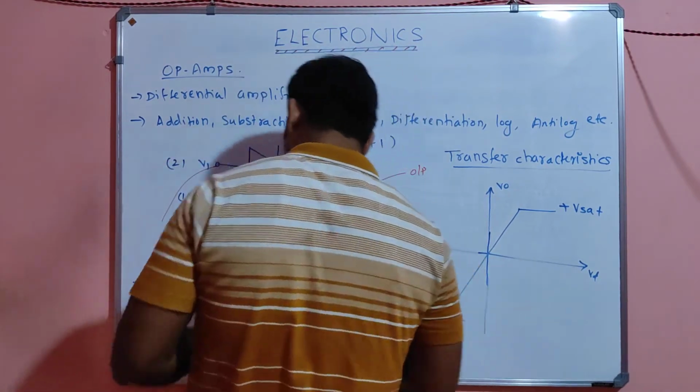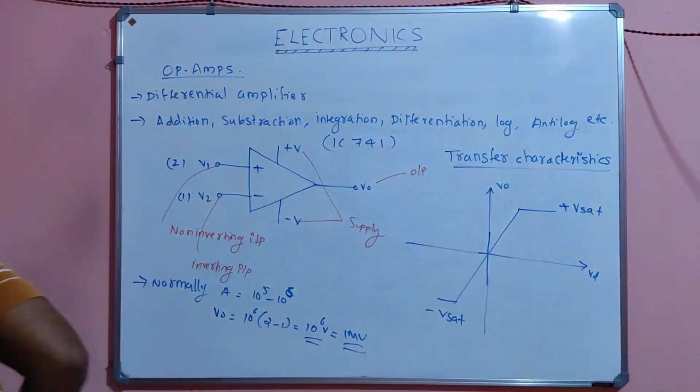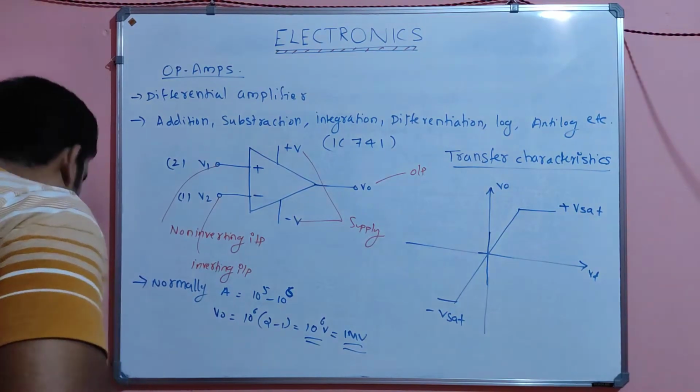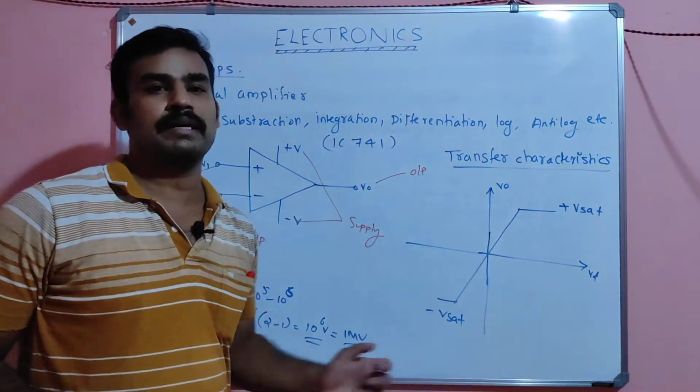What is actually happening here? I already told you that producing a very big output is practically impossible. So what we normally do is restrict this output to plus V saturation or minus V saturation.